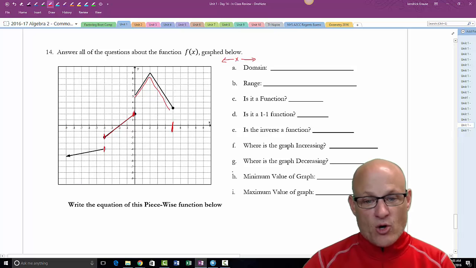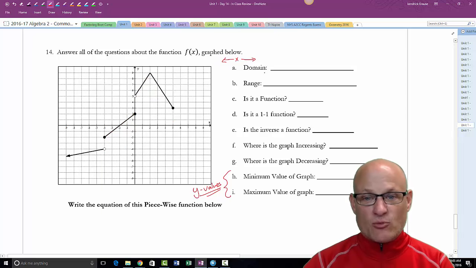Now remember, the only time I'm going to use y values are down here. That's the only time I'm going to use y values. So, since I had no breaks left to right, my domain is negative infinity to 5, and I include 5. No breaks.